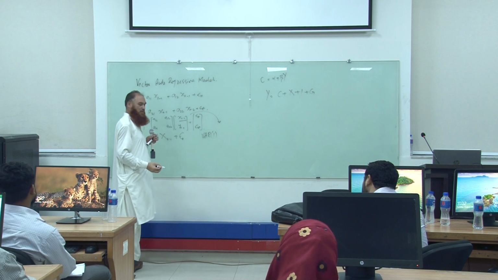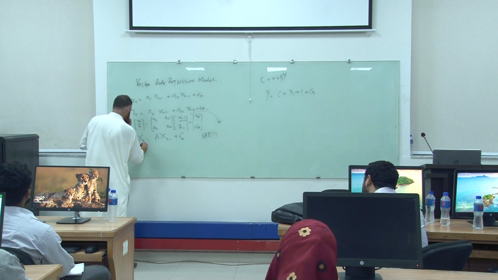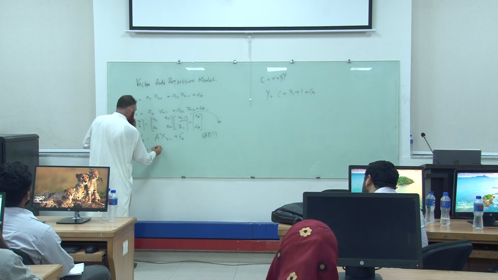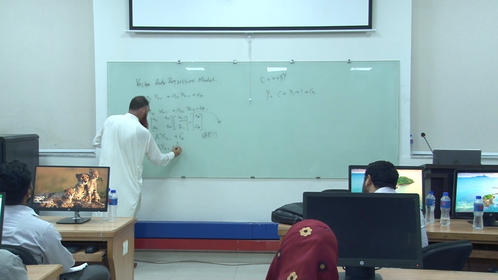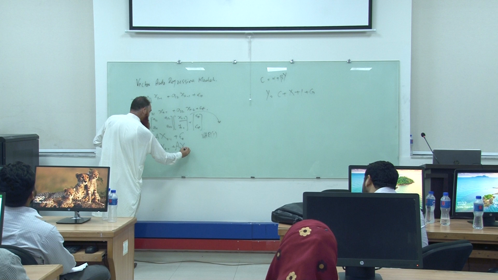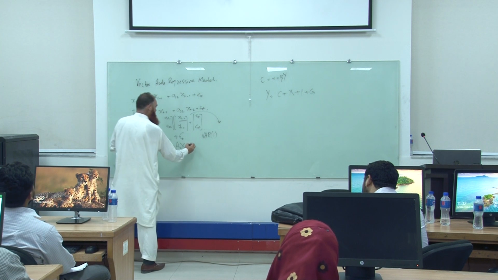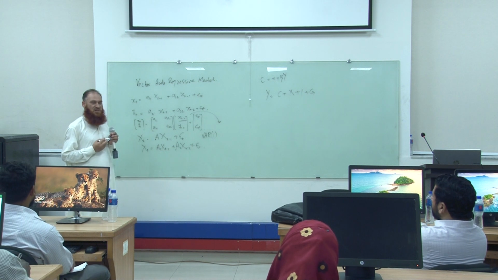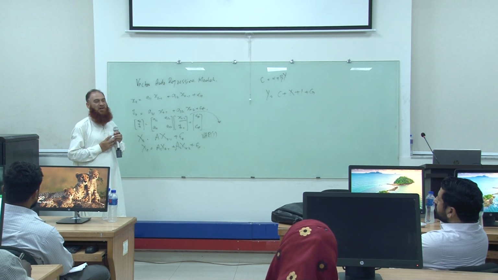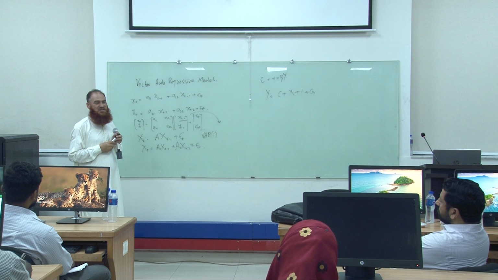It will basically be like this: xt is equal to A1 xt minus 1 plus A2 xt minus 2 plus epsilon t. This will become the VAR2 model, and so on. You can extend to any number of lags.